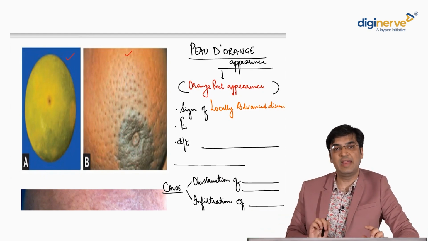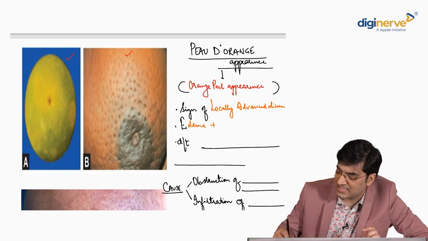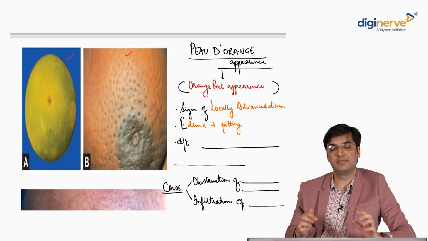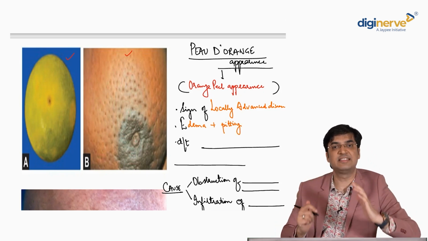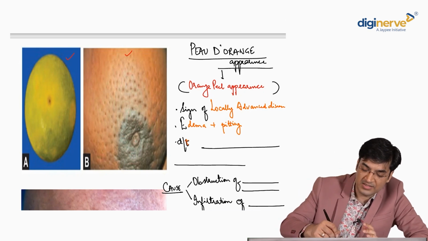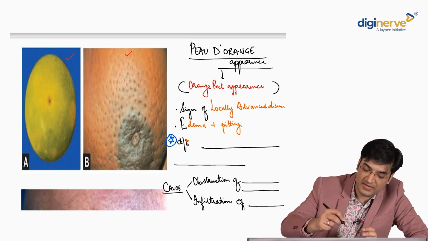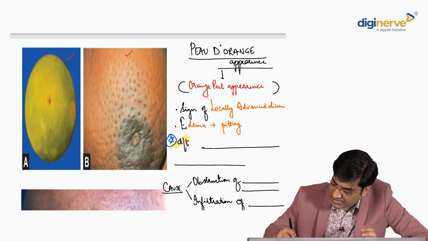What two things are happening in peau d'orange? There is edema plus pitting. So there is edema, there is swelling, and there is pitting. This occurs due to a very, very important point, which has been asked twice or thrice in the examination.